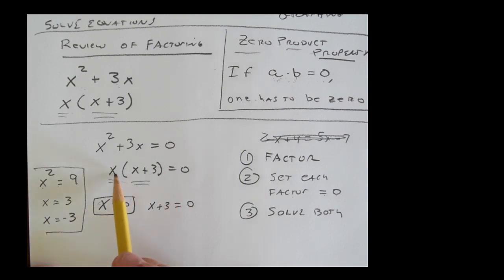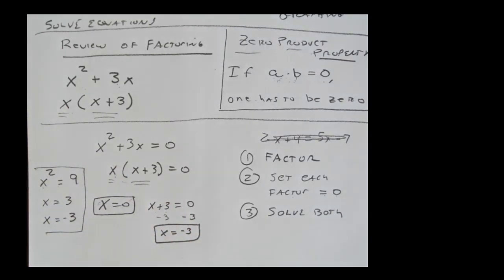It just so happens that one equals 0. The next one I show you won't equal 0. So x equals 0, but x plus 3 equals 0. We're going to take away 3 from both sides. So x equals negative 3.